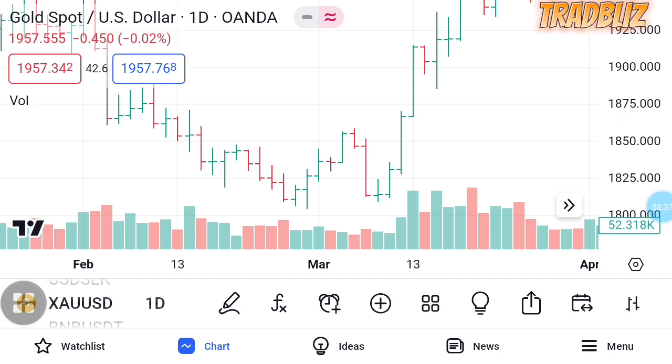When the market opens, the market started selling. That is, it started going down. There were no buyers in the market. While it was selling, it got to a point where the buyers came in.